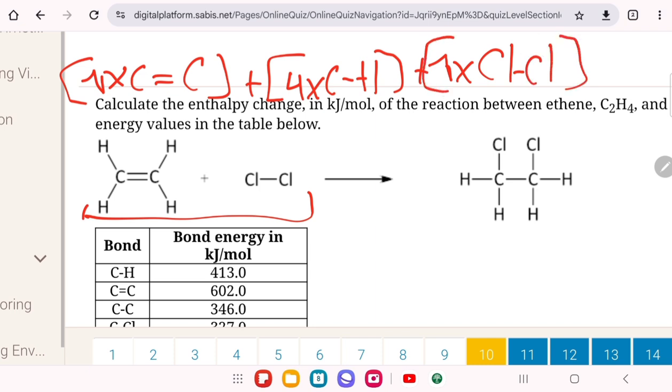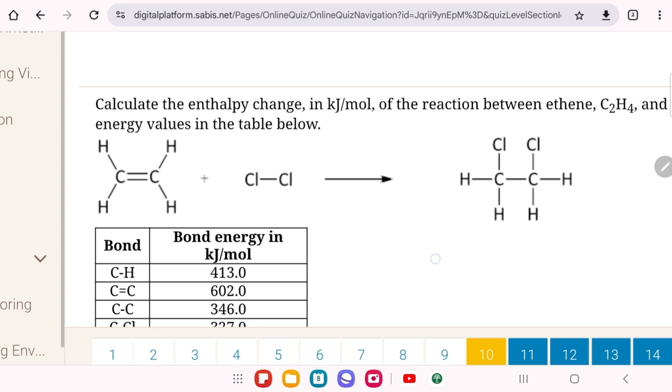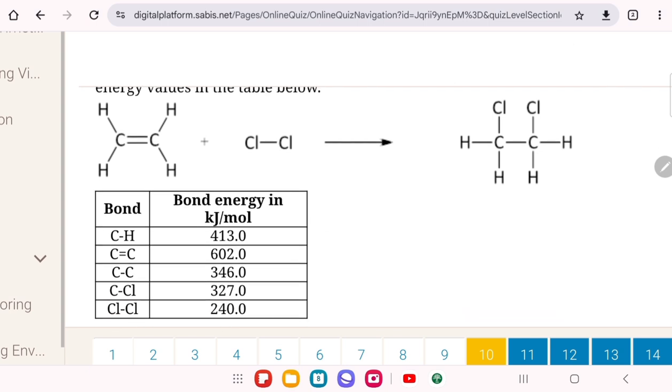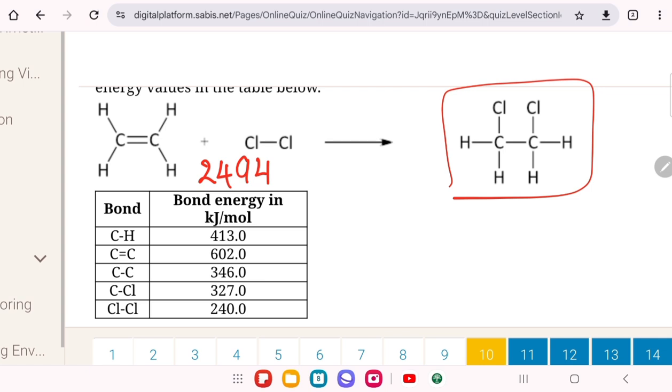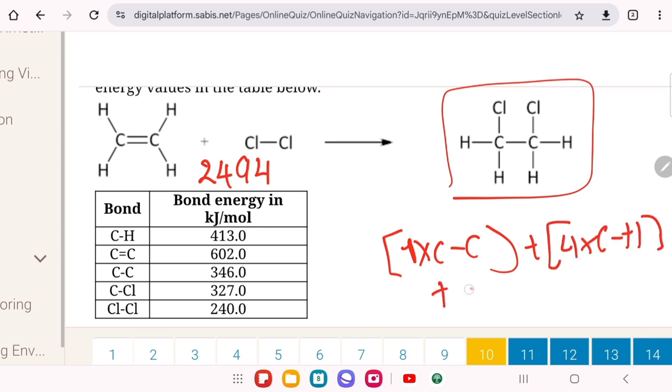And if you follow the bond energy table, you're going to have 1 times 602 plus 4 times 413 plus 1 times 240. We will get here 2494.